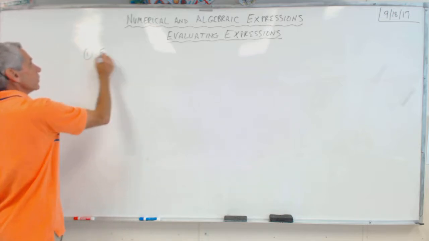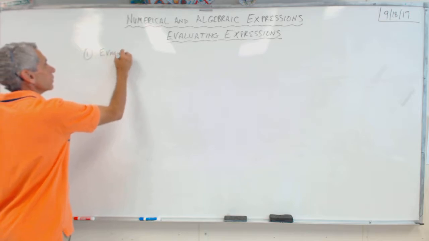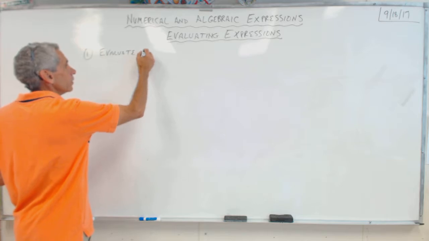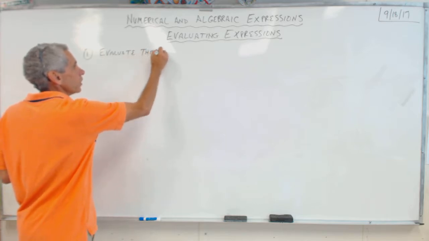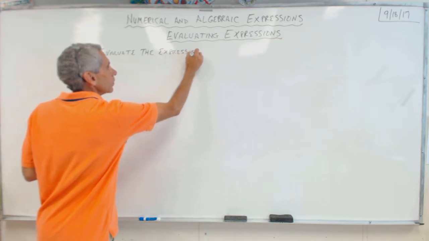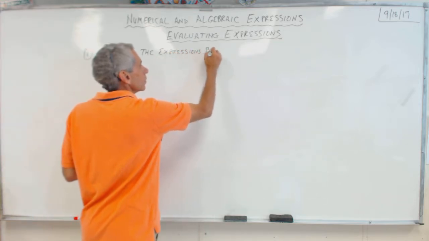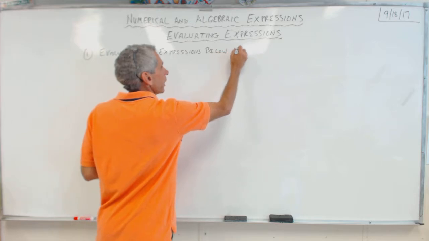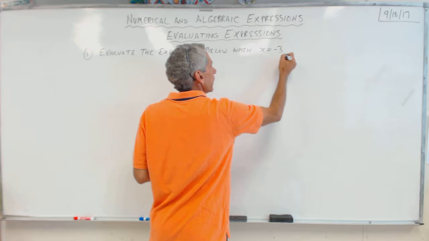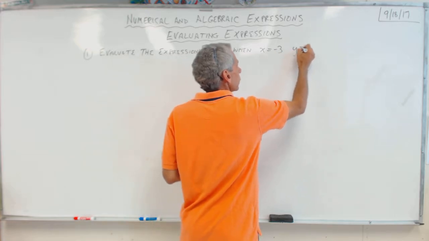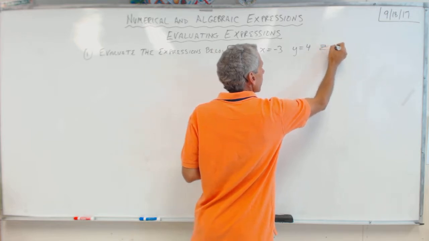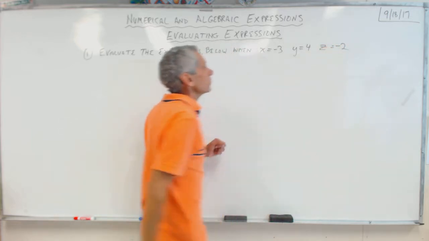So here's our first problem. Evaluate the expressions below when x equals -3, y equals 4, and z equals -2.